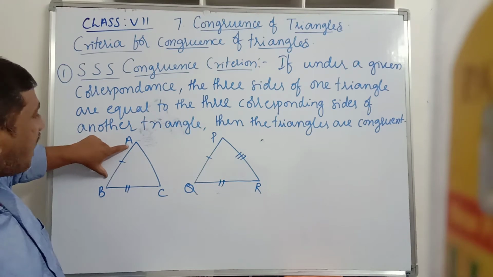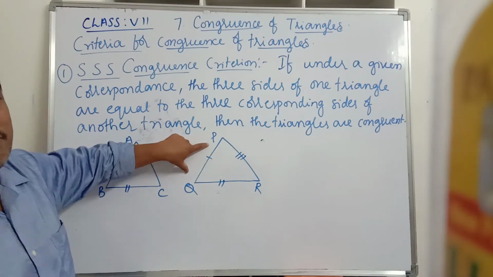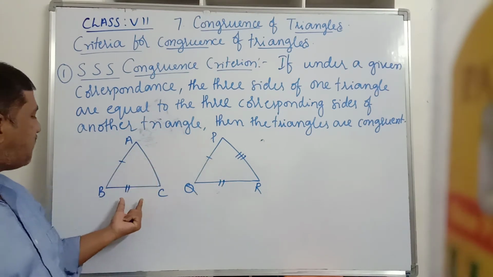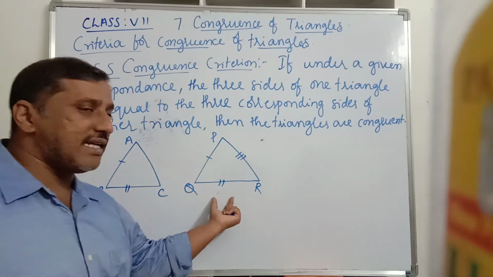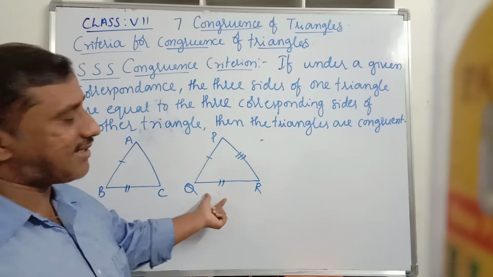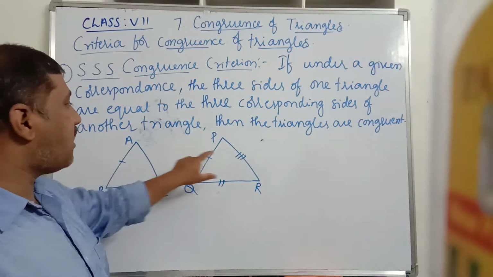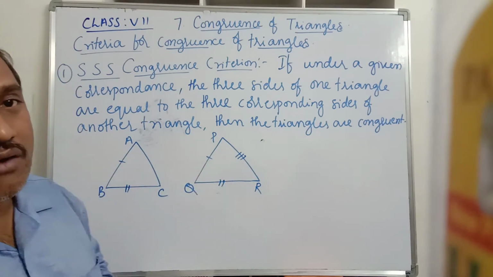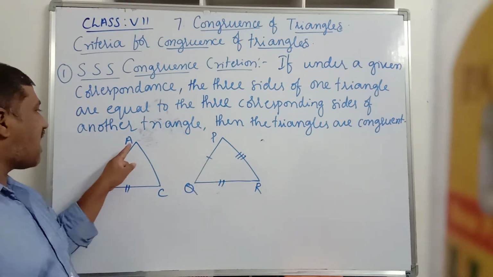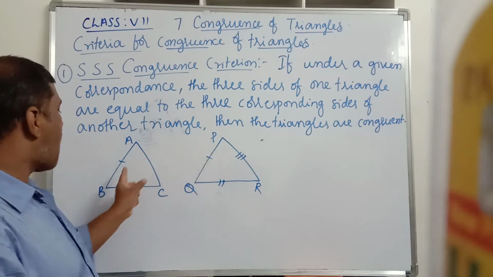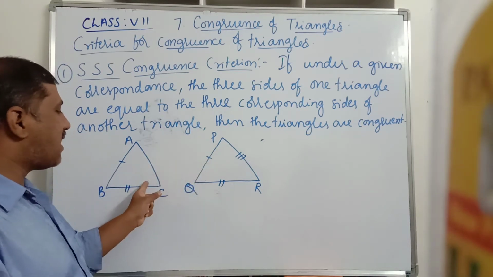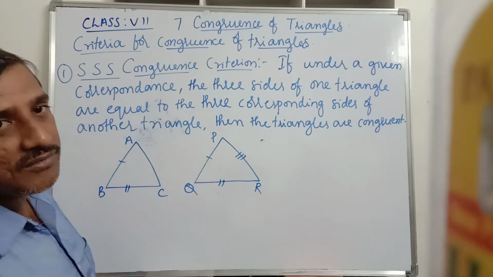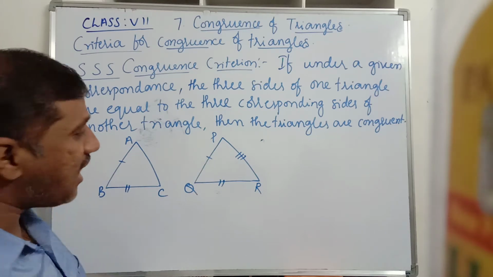Therefore, the sides AB and PQ are one pair of corresponding sides. Similarly, BC and QR is the other pair. Then AC and PR will form the third pair of corresponding sides, whereas angle A and angle P, angle B and angle Q, angle C and angle R will form the three pairs of corresponding angles.